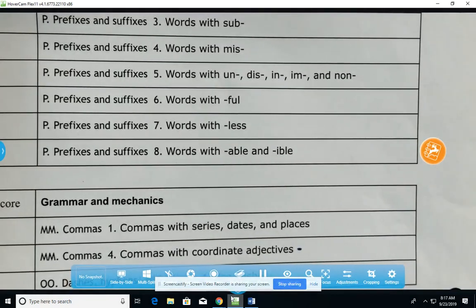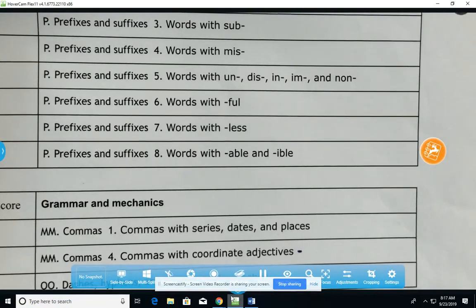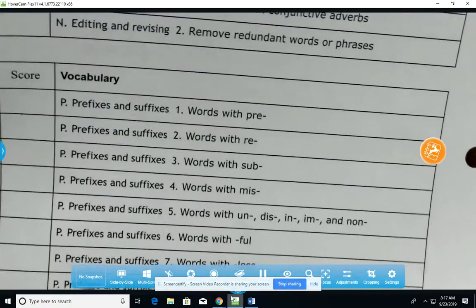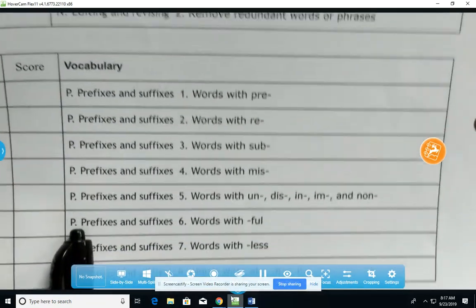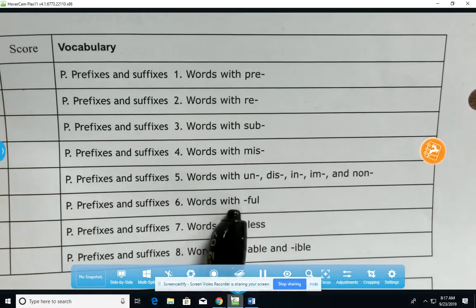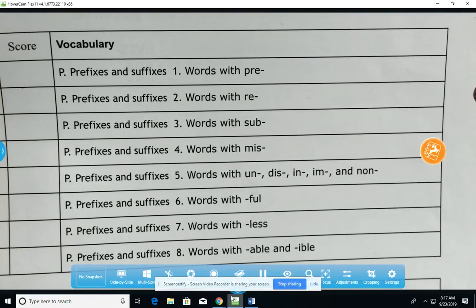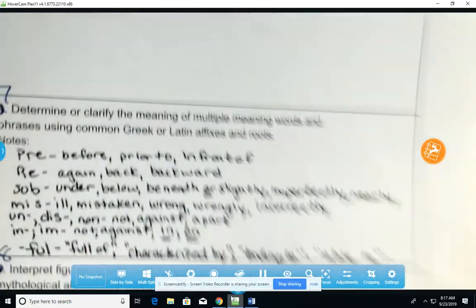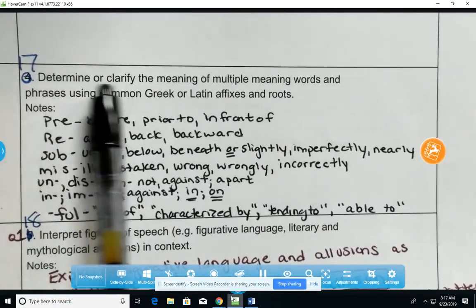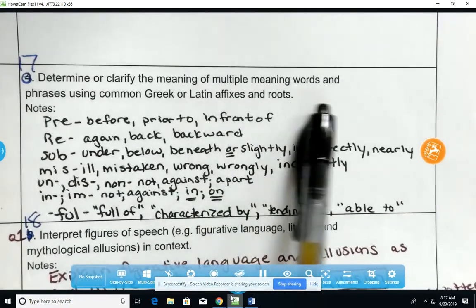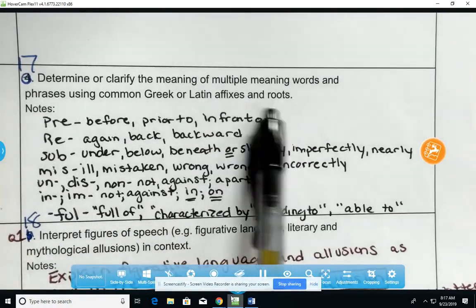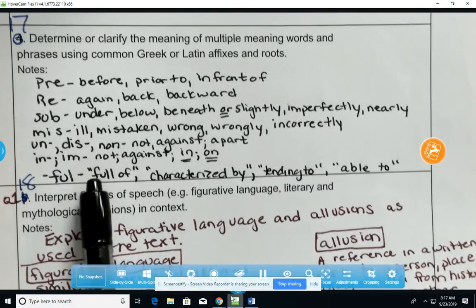And then also we are going to be focusing on another suffix section, which is suffix section P6, words with full. To give you a few definitions about what the word full means when used, that ties into determining the meaning of words by their roots, or in this case, their suffixes.